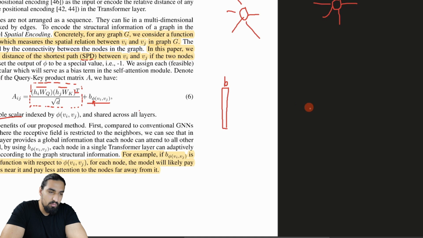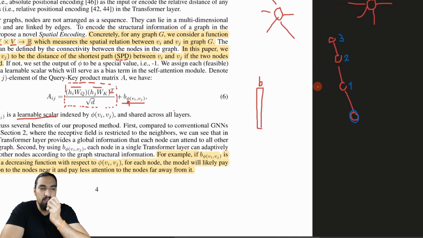Again, let me draw a simple diagram. So we have maybe something like a path diagram, a path graph, and as you can see, this node here will have a distance of 1. This node here will have a distance of 2, so that's the shortest path, and finally this one will have a distance of 3. So that means when we form a query vector here and the key is here, what we'll do is the following.